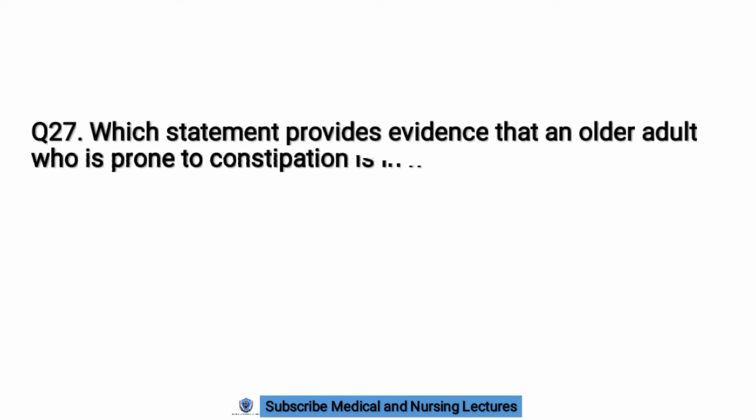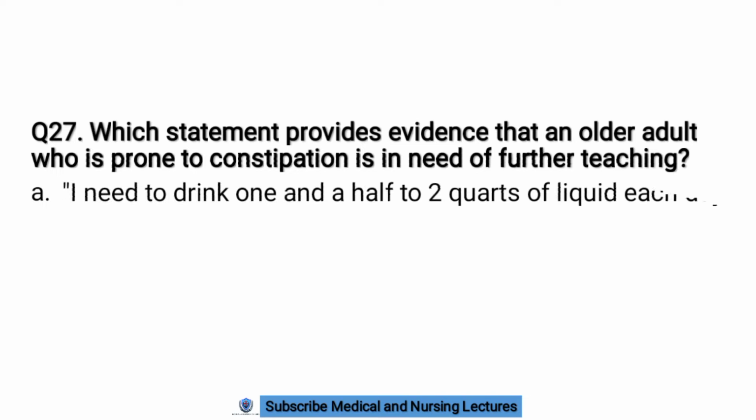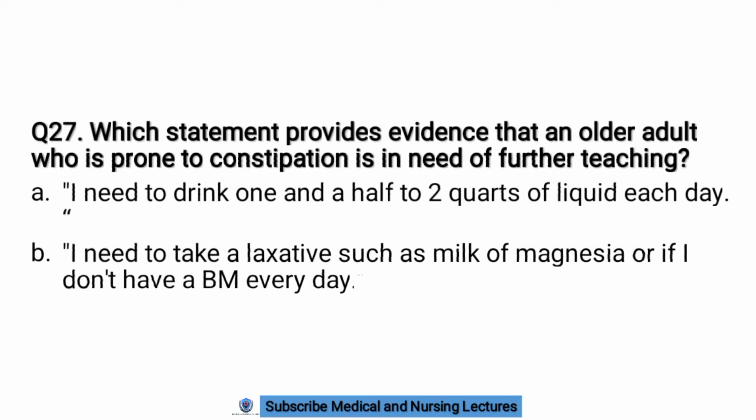Question number 27. Which statement provides evidence that an older adult who is prone to constipation is in need of further teaching? Option A. I need to drink 1.5 to 2 quarts of liquid each day. Option B. I need to take a laxative such as milk of magnesia if I don't have a bowel movement every day.